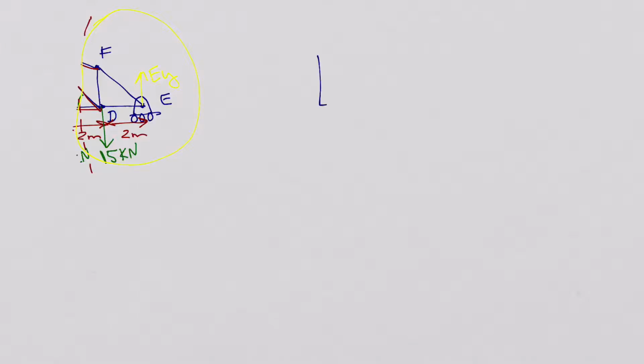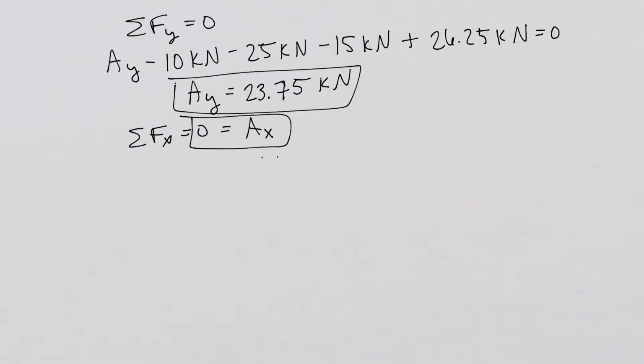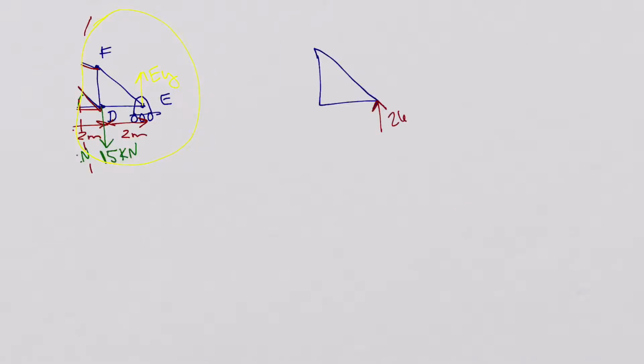So basically we have this FDE. At E we have that EY, which was, what was it, 26.25 kilonewtons. See, this is E.